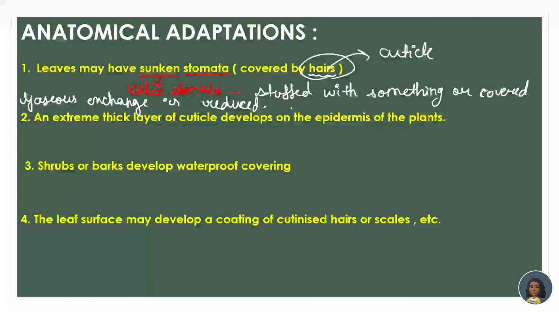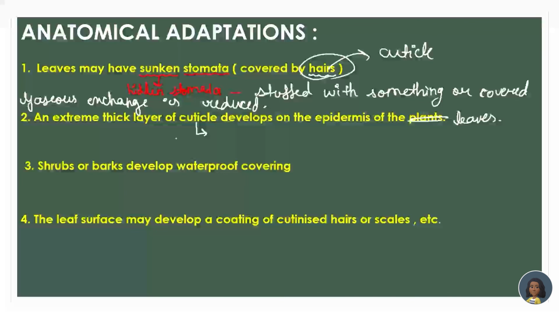Next point is an extremely thick layer of cuticle develops on the epidermis of the plants. The cuticle layer that is present on the leaves basically develops on the epidermis of the leaves, not plants, but plants have epidermis, so it is better to write leaves. So it might happen that the layer of the cuticle is very thick. Cuticle is basically a waxy layer.